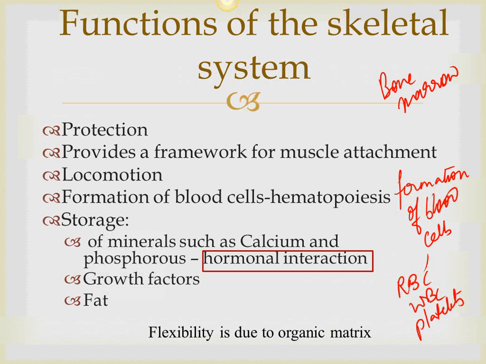Inside a long bone, and you've all had chicken, or even turkey and other meat, when you bite through, you get the little marrow cavity inside, right? And you have this bone marrow inside. So in long bones, you will find bone marrow inside what is called the marrow cavity. We'll see an image of that later.